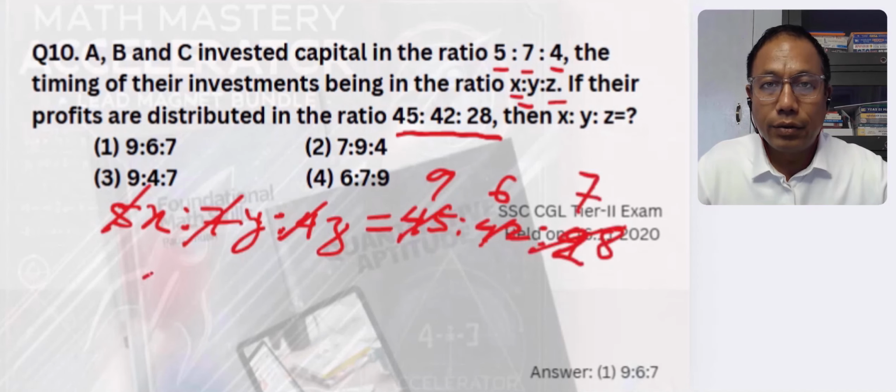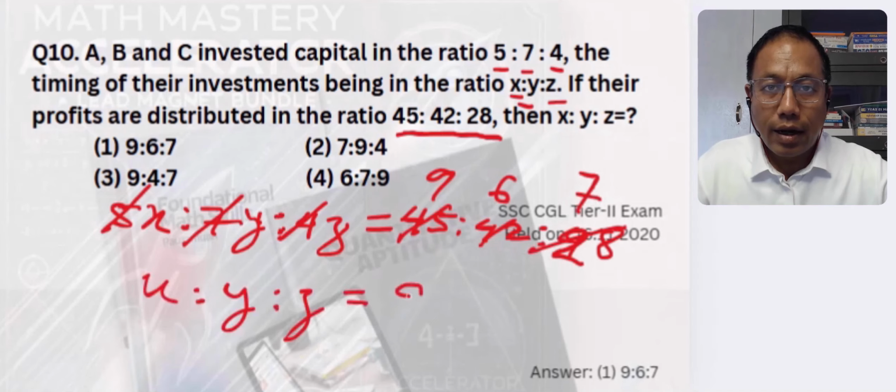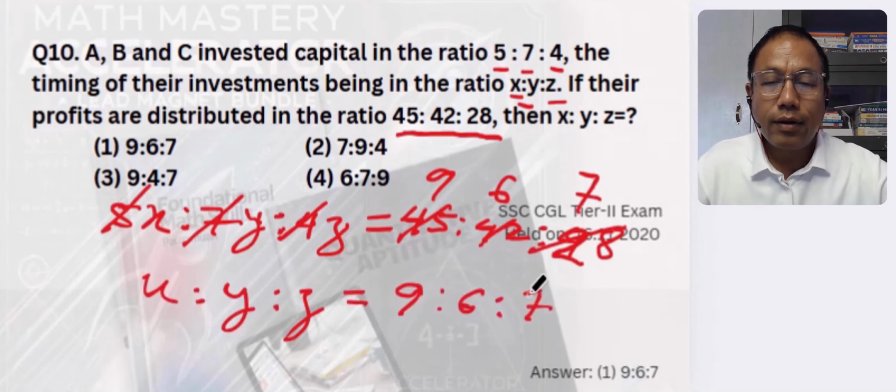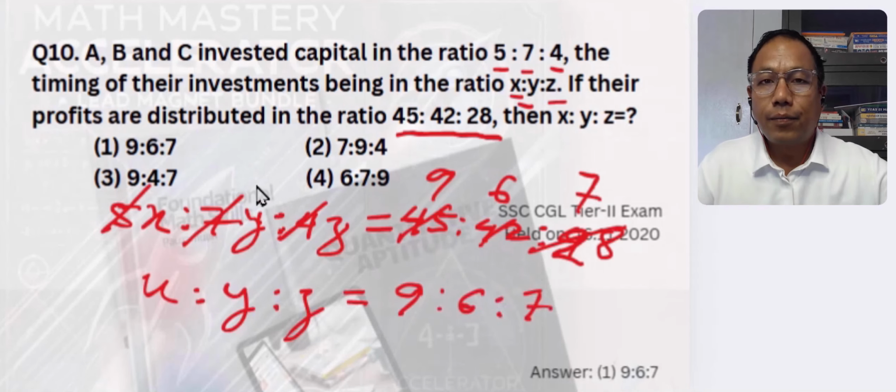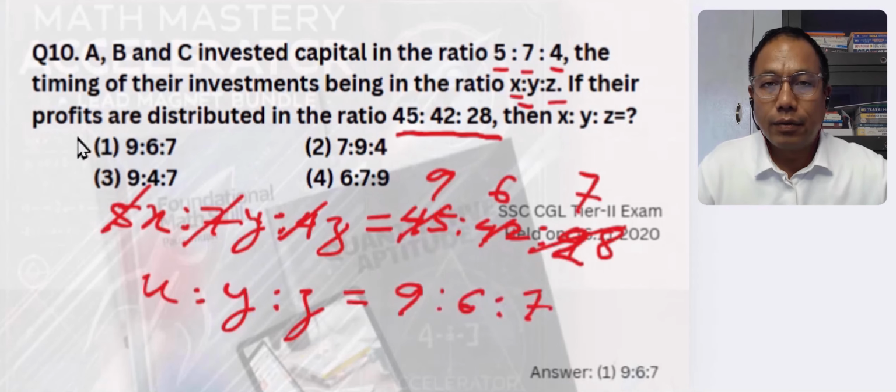Therefore, x is 9, y is 6, z is 7. That's the final answer: 9, 6, 7. We have option 1.